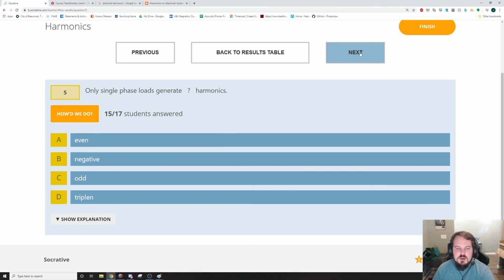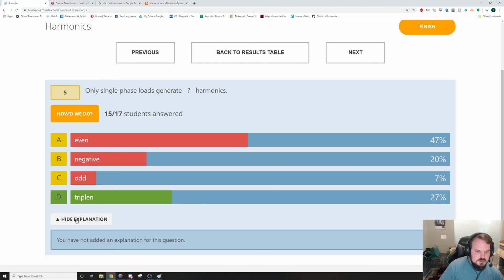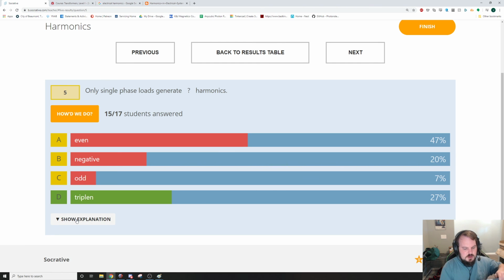Alright. Only single phase loads generate tripling harmonics. Tripling harmonics are the loads that I'm talking about where they don't cancel out on the neutral. And that's the problem with them, they don't cancel out on the neutral.